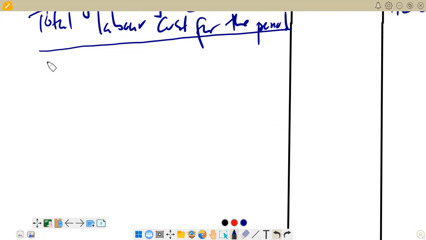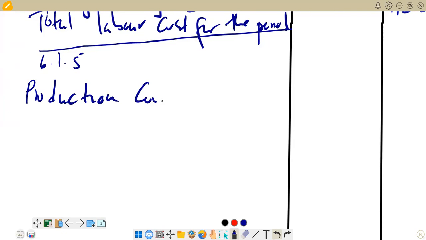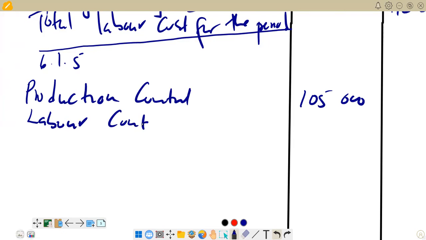So this is now 6.1.5. We are saying we're debiting production control with 105,000. And then we are crediting the labor cost control, or the labor control, 105,000.